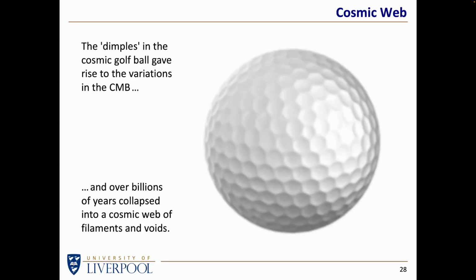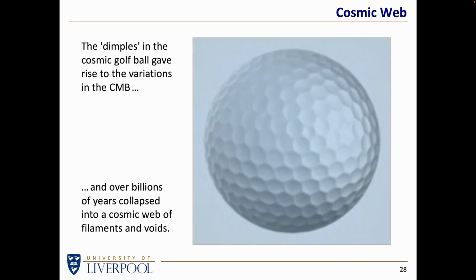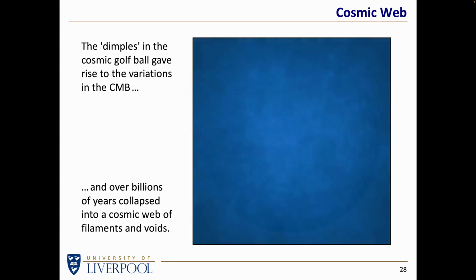So these dimples in the golf ball, I said that they gave rise to the variations in the cosmic microwave background and eventually gave rise to variations in the large-scale structures of the universe. And we can see that in a simulation if we just take a small volume of the golf ball and seed it with very small variations in density or temperature and then let gravity do its stuff.